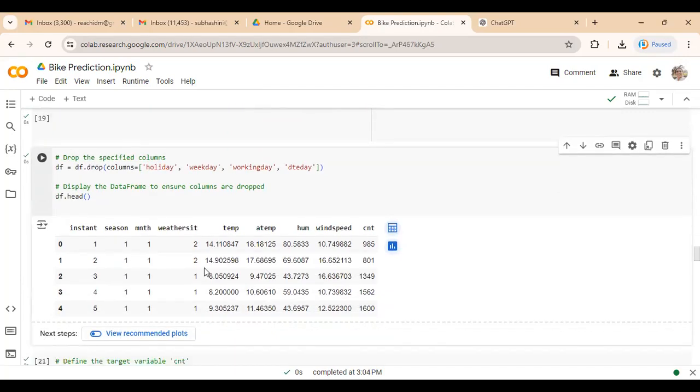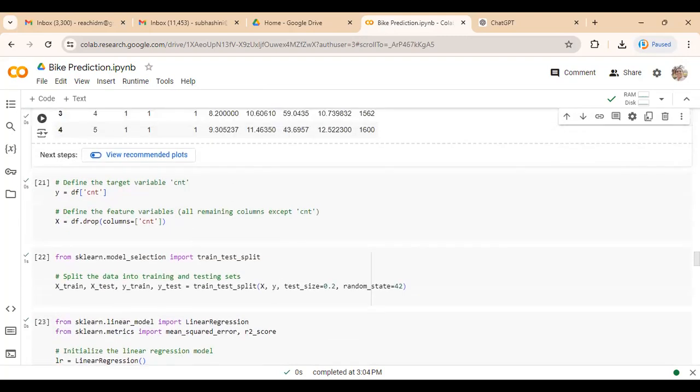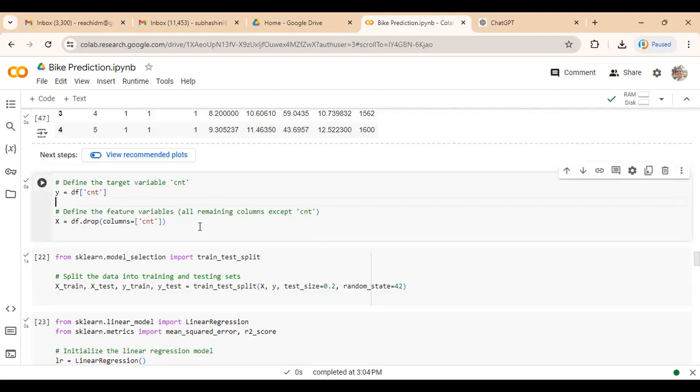And we can see that now we have a much smaller data frame after doing the drop statement. We have kept what we consider most important. And then what we want to do is define the target variable as count, and create the X data set and the Y data set. So here you go, you're creating an X data set and the Y data set.